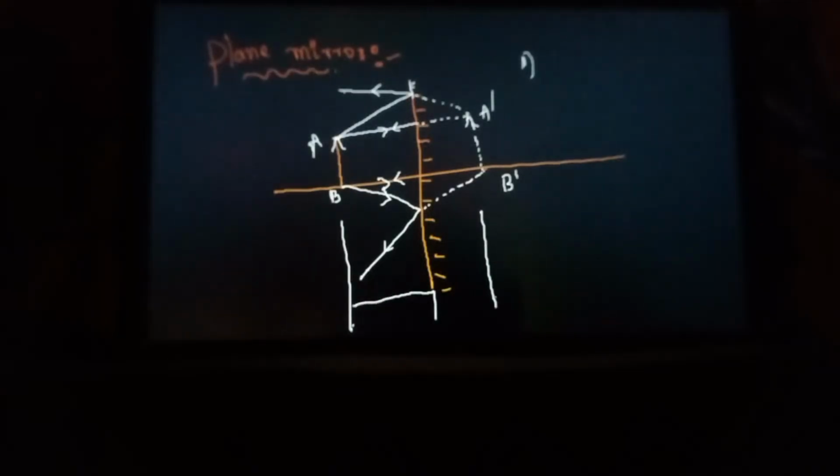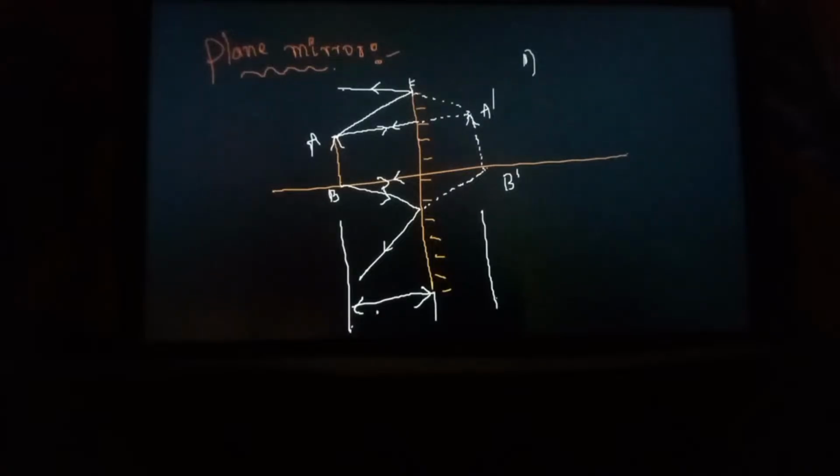This distance is the object distance U, and this distance is the image distance V. In this case, object distance is equal to image distance.